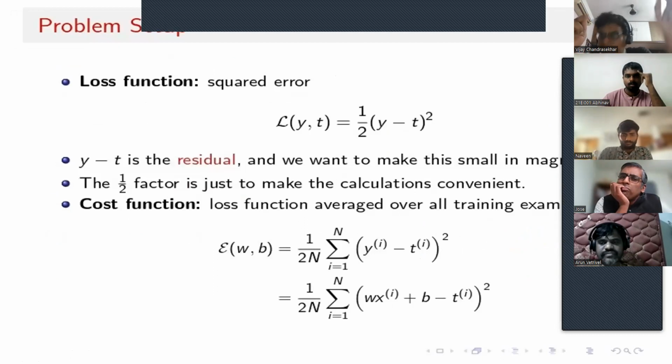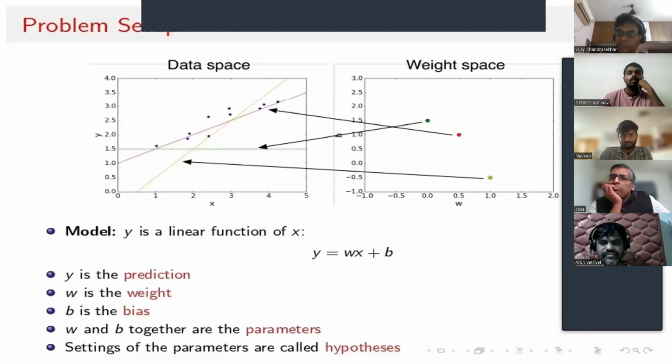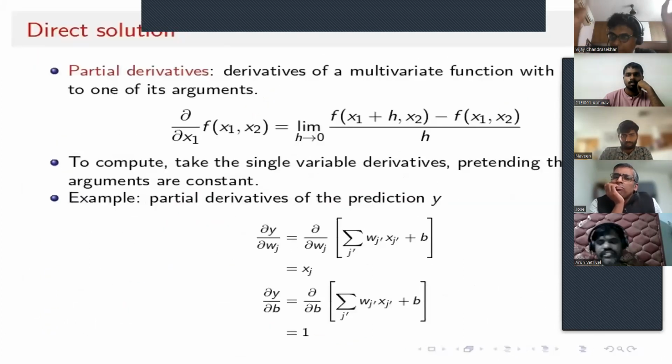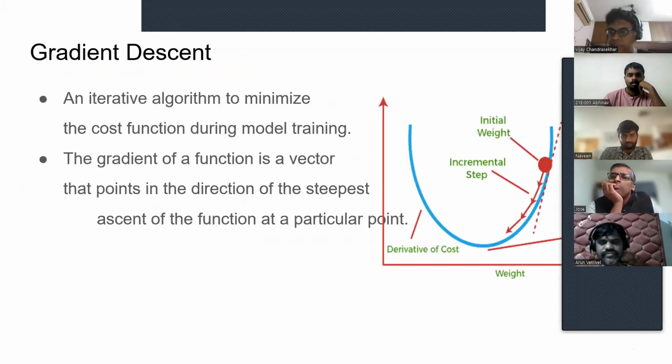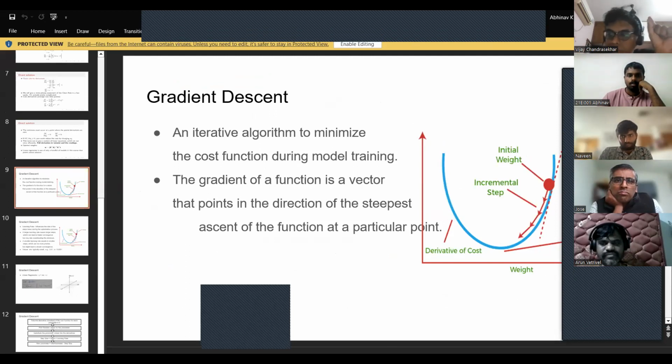What we saw was a line, but effectively we'll move down a surface and come to the lowest point on that surface. Whatever m and c allow us to reach that lowest point are the numbers we're looking for.